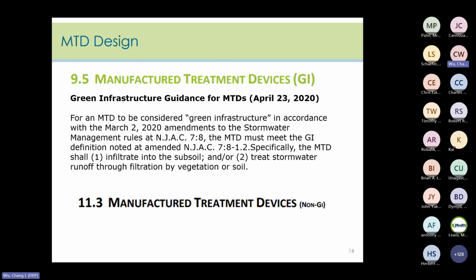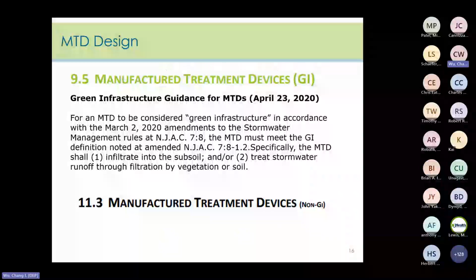Any MTD with biofiltration media that would be placed below ground as a vault without any vegetation can be considered as a GI MTD only if the MTD infiltrates stormwater into subsoil.